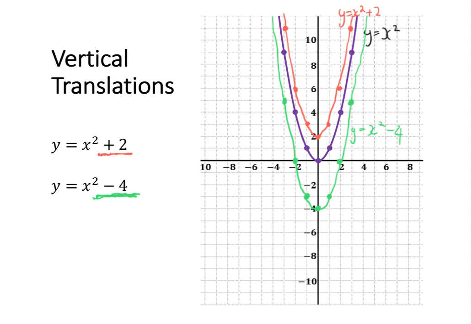And you'll see that again the shape of the parabola has not changed, but the location has moved down 4 places along the y-axis. And that's an example of how we move parabolas depending on the vertical translations that occur in the formulas.